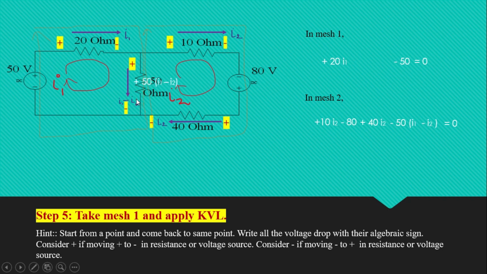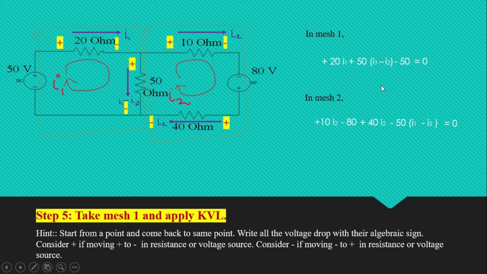So you will write plus 50 times (I1 minus I2). Then when you go here, you have the third element, which is a voltage source, and as you are moving from negative to positive side, the value would be negative of 50, so minus 50.